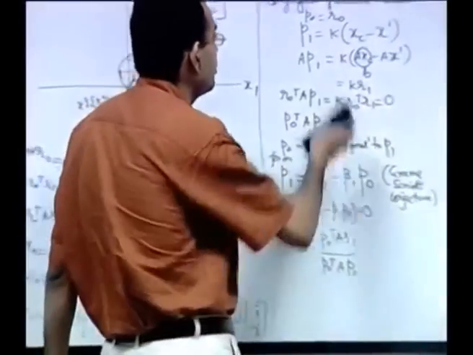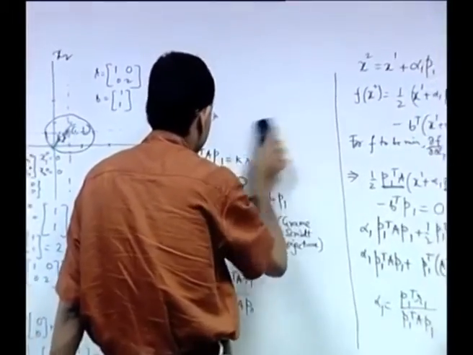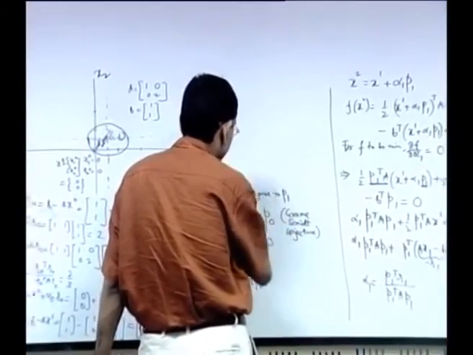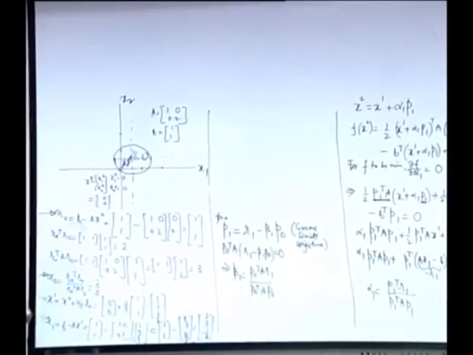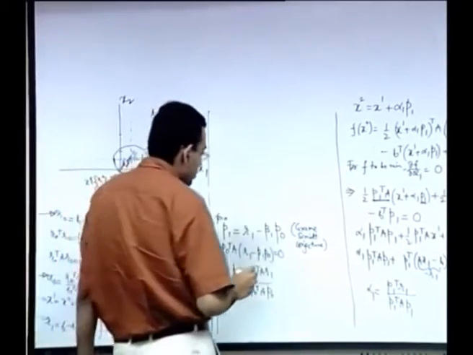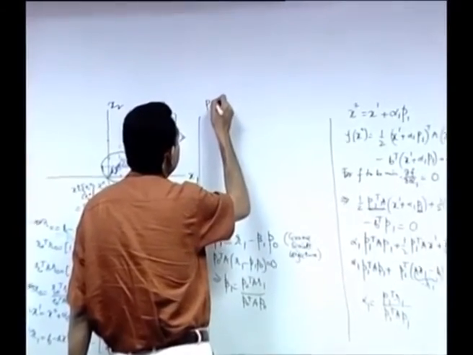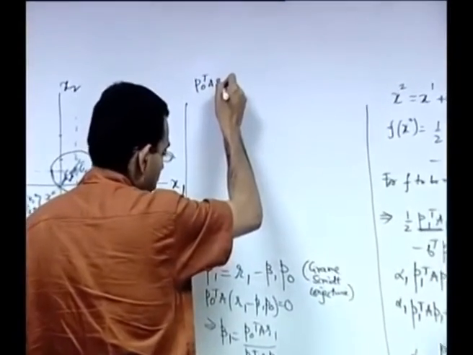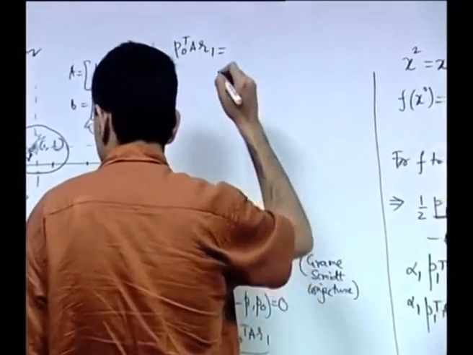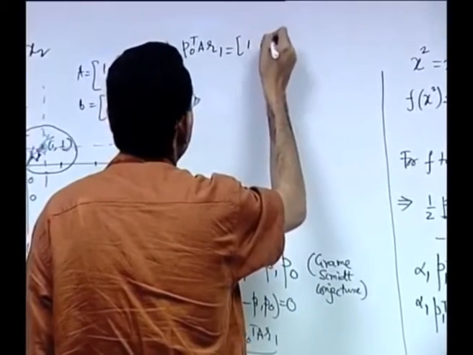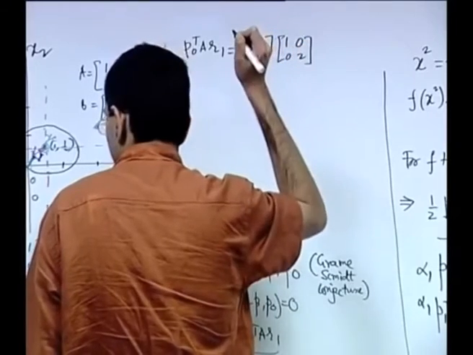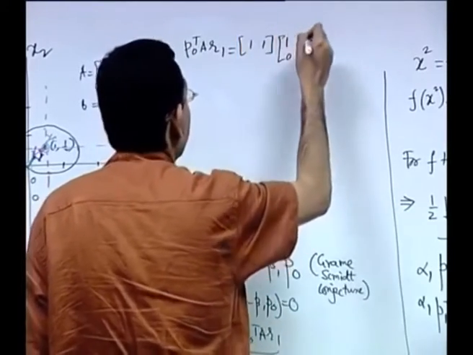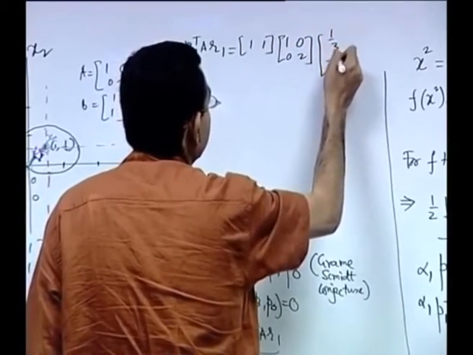So next let us calculate beta 1. To do that, what do we need to calculate? The numerator, P0 transpose A R1. P0 transpose A R1 is equal to [1 1], this is P0, A, R1, which is [1/3 minus 1/3].